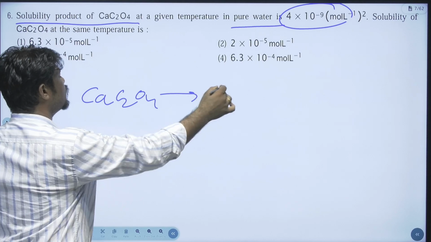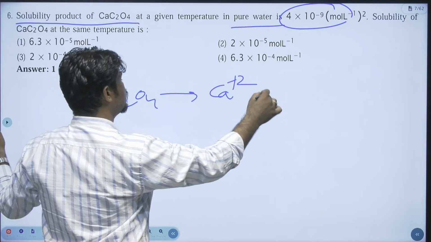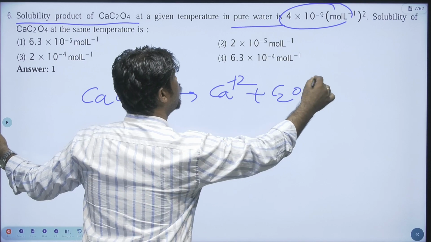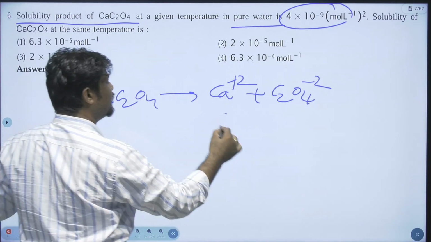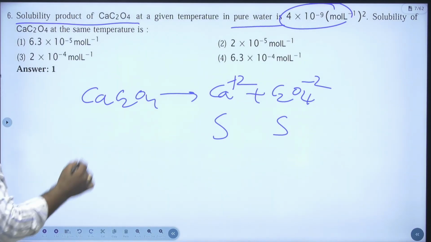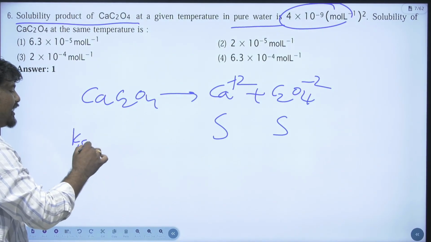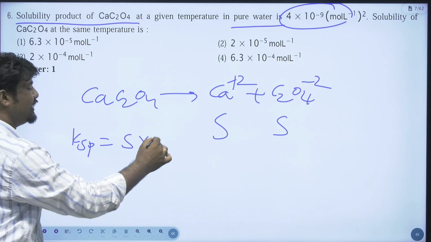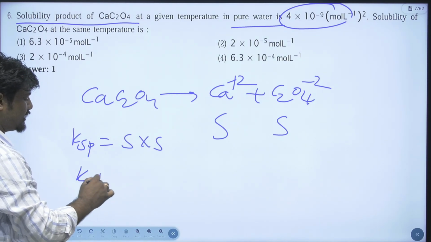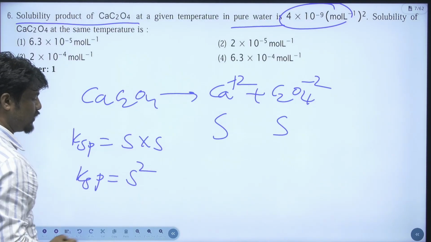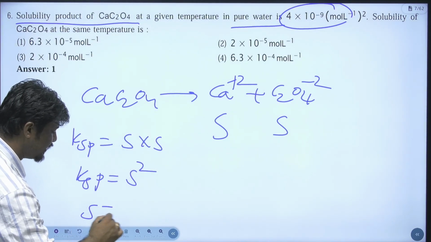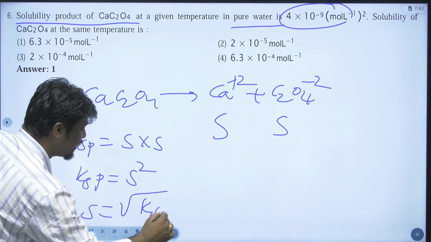CaC2O4 on dissociating will become Ca+2 and C2O4 -2. Here there are 2 ions. Then the formula is Ksp is equal to S into S. Then Ksp is equal to S square. Then S is equal to square root of Ksp.